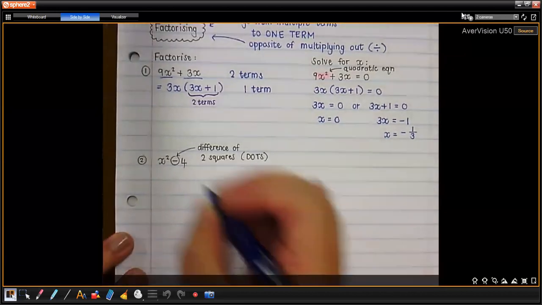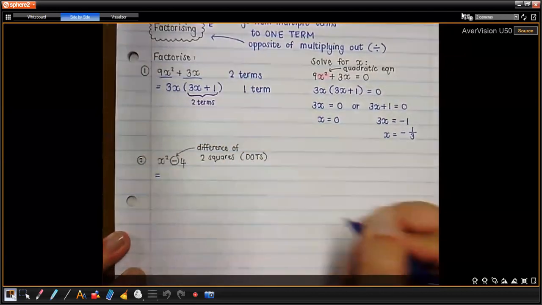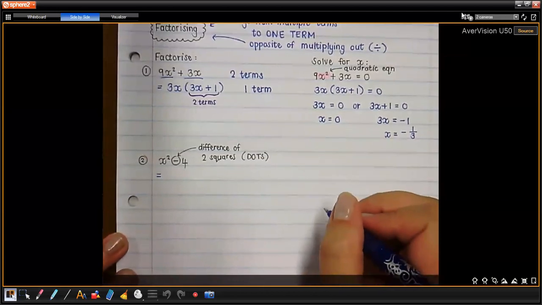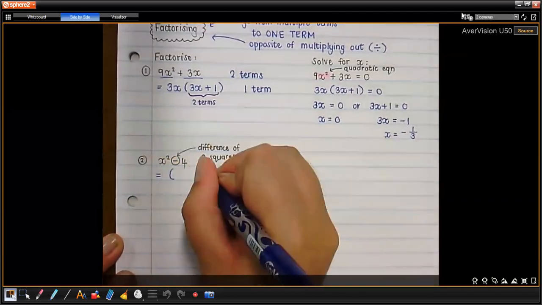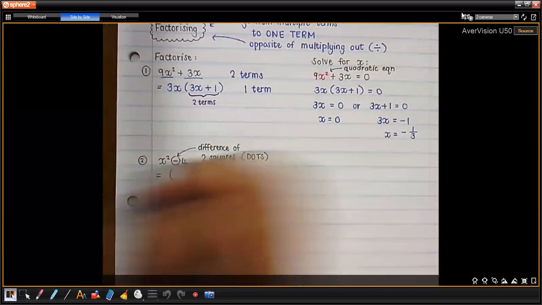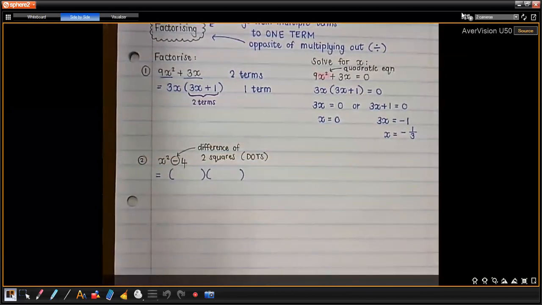Okay, now I hope you guys can remember this. When you have a difference of 2 squares, you're going to factorize into 2 brackets, right? So you can put your 2 brackets there. You're going to have the same terms in the 2 brackets, where one bracket is going to have a plus, the other one is going to have a minus. And how do we find the terms in the brackets? Can anyone remember? Yes? x plus 2, x minus 2, yes.